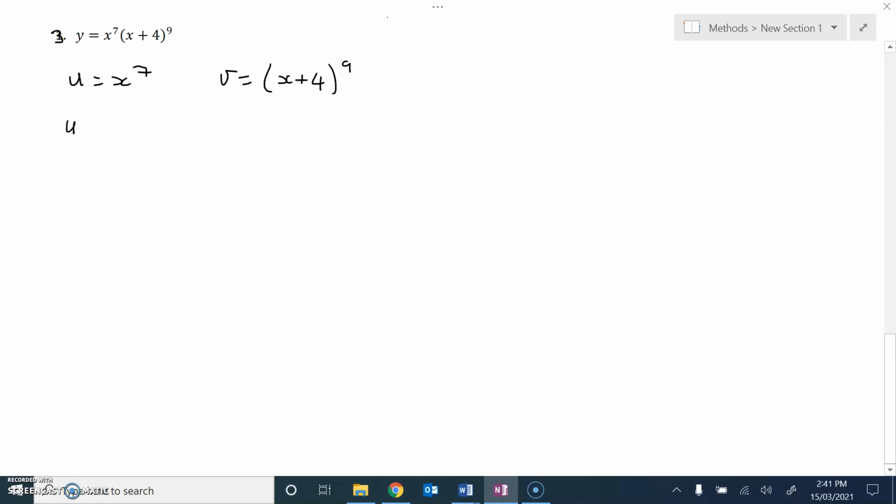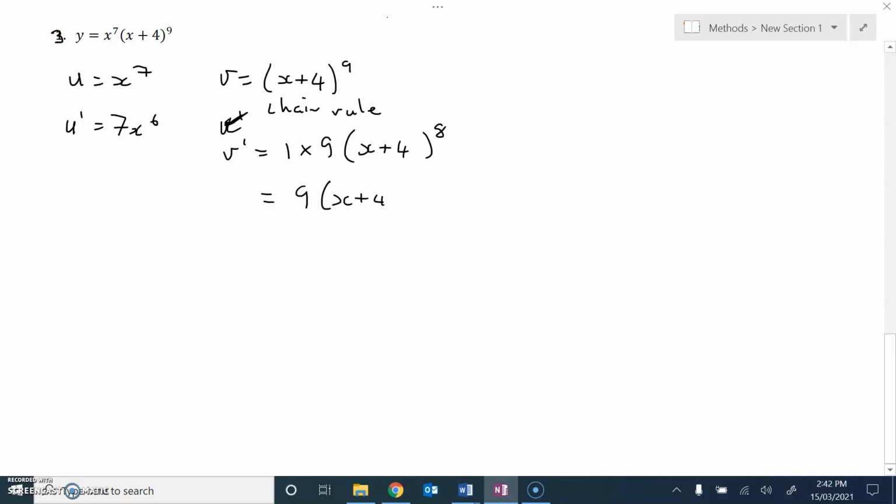So you can see the derivative of u here is 7x to the 6, but this one is a chain rule. So we're going to have to use the chain rule here. That's a function of a function. So v dash is the derivative of the inside function, 1, times the derivative of the outside function. So that gives me 9(x plus 4) to the 8.